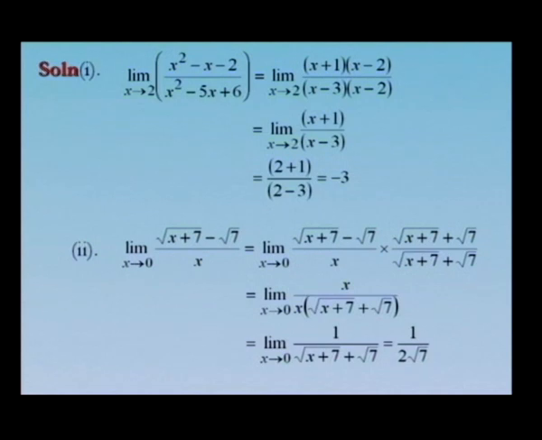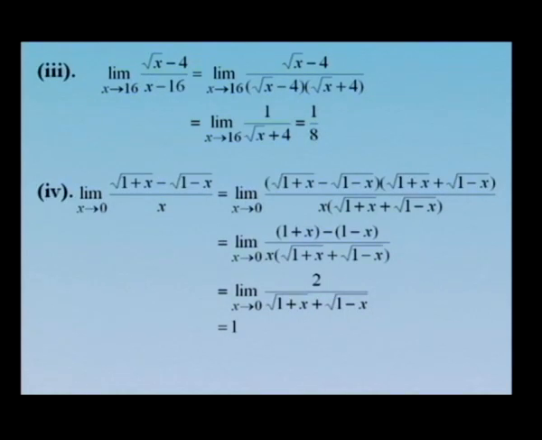So we rationalize this and we get limit x tends to 0, x upon x (under root x plus 7 plus under root 7). x cancels x, so it is equal to limit x tends to 0, 1 upon (square root x plus 7 plus square root 7), and now we can substitute x equal to 0, so we get 1 upon 2 under root 7, which is the required limit.